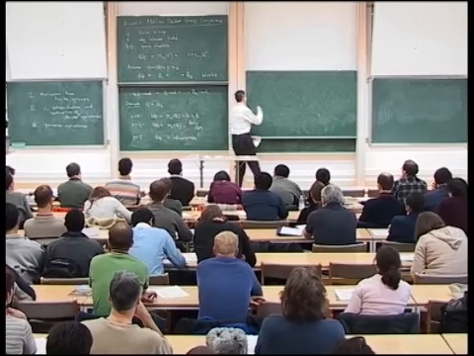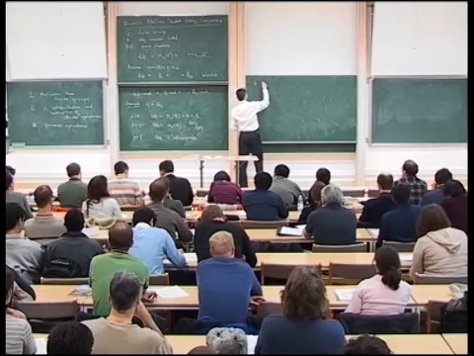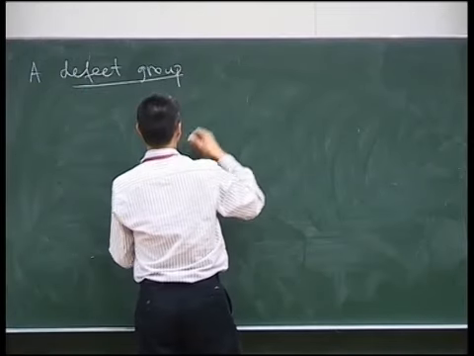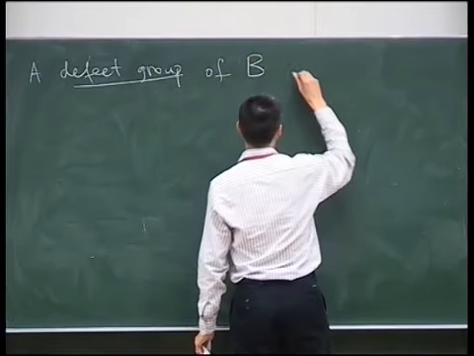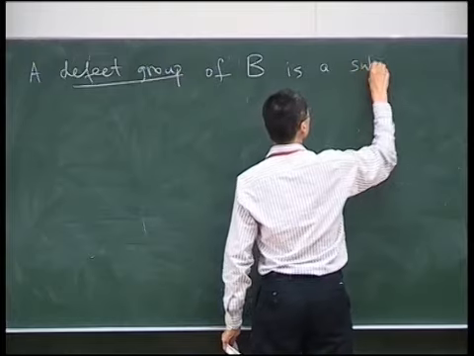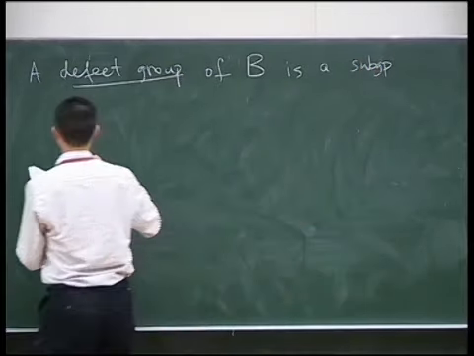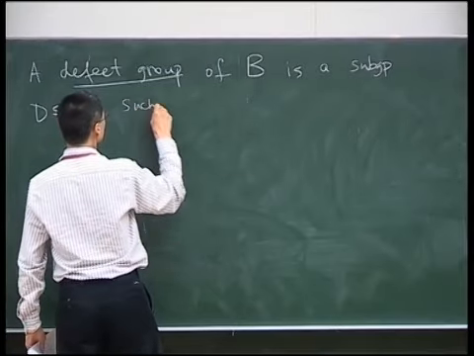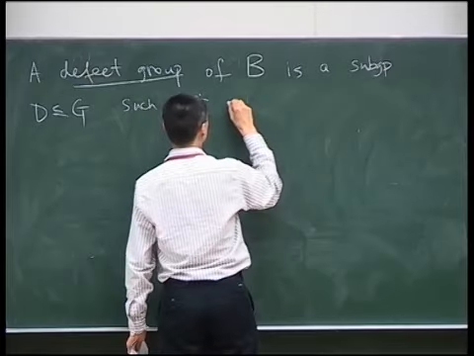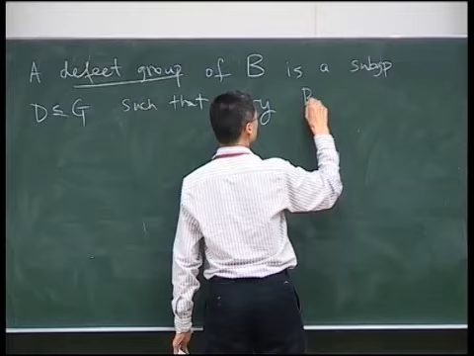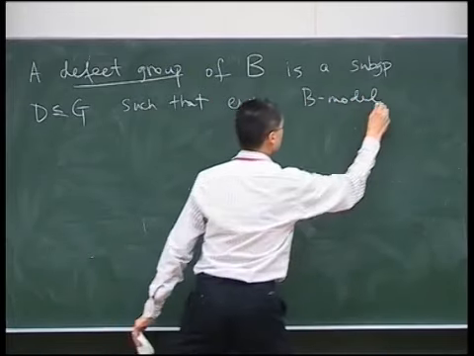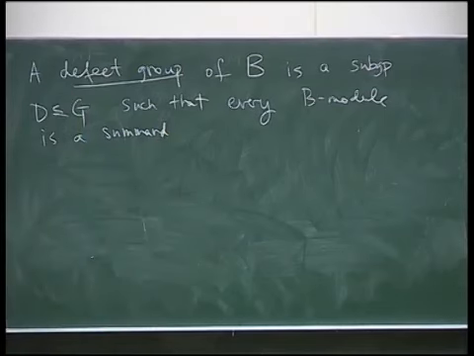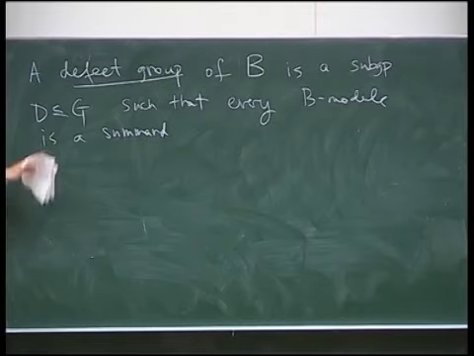A defect group of a block B is a subgroup of G such that every module for B is a summand of a module induced from that subgroup.